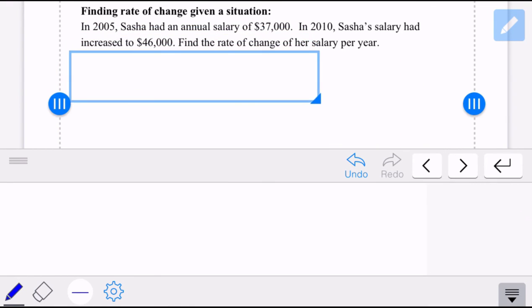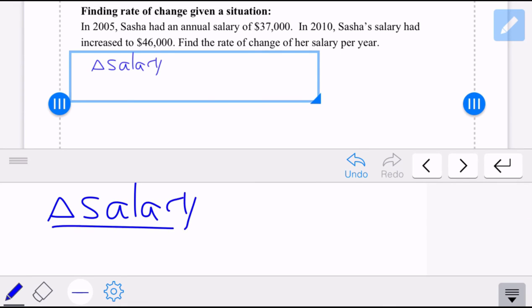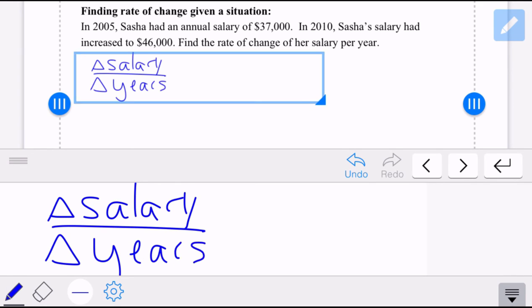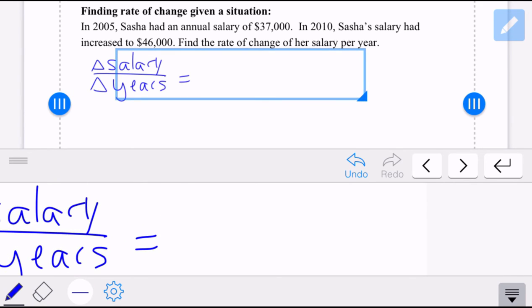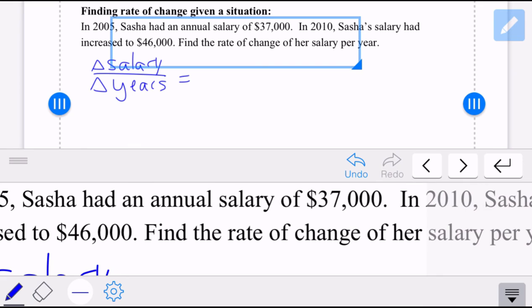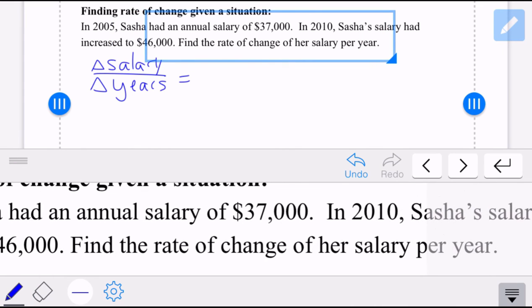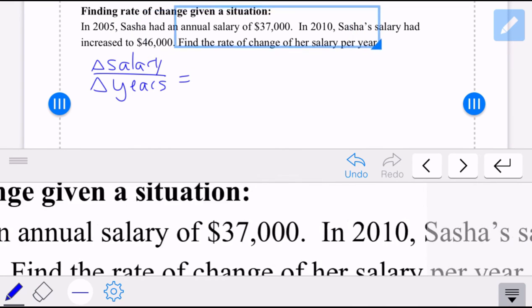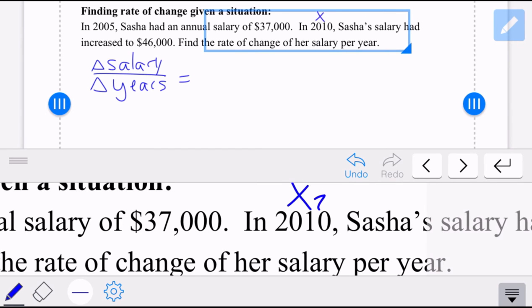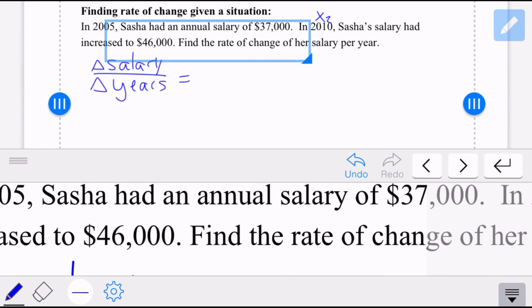So we want the change in her salary over change in the years. All right, her salary. You need to pick which one you want to be X1, Y1, X2, Y2. So I'm going to do 2010 and the 46,000 as the second point since that came later.